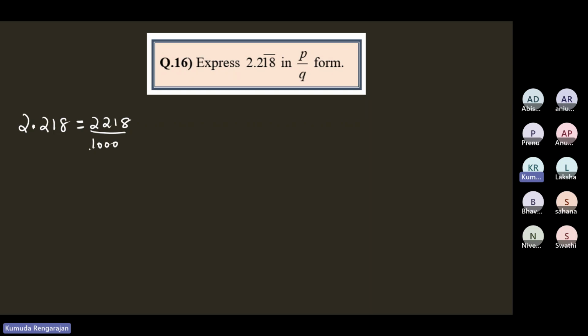Okay, then after this, we'll have to simplify, right? Yes, ma'am. Now tell me what is 2.218 recurring? Ma'am, 2.218 recurring is 2196 divided by 9990. 9990. You worked this in your book? Yes, ma'am.